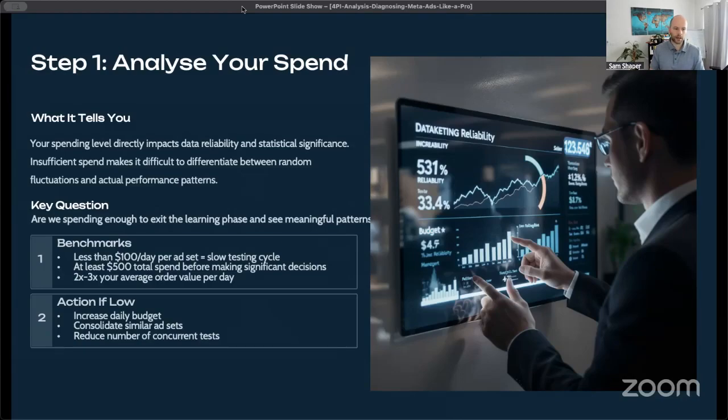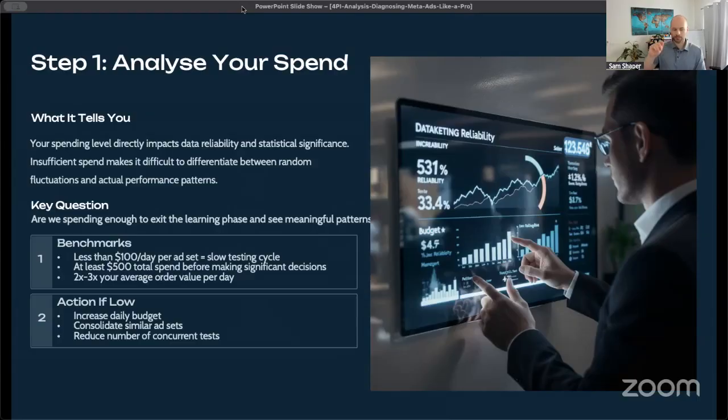Typically, I would like to give a 2 to 3 times average cost per result. So say your average cost per result was $10, whether it's purchase or lead or whatever, you might give a creative up to $20 to $30 to prove itself and then cut it if it doesn't come through.